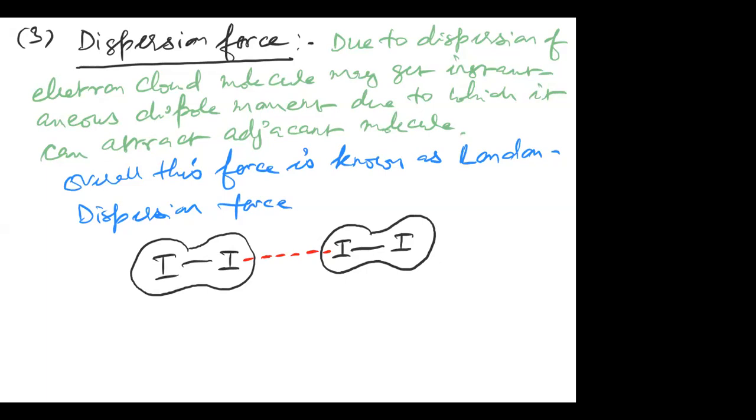Now, as far as the bonding chapter is concerned, you can see a few common structures of oxides and oxy acids of phosphorus and sulfur also. So, oxy acids of phosphorus.